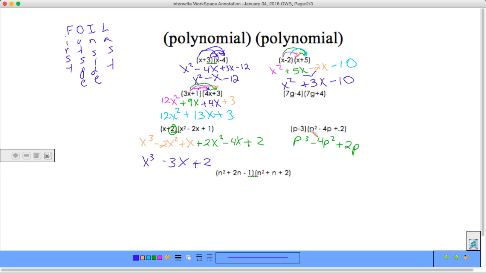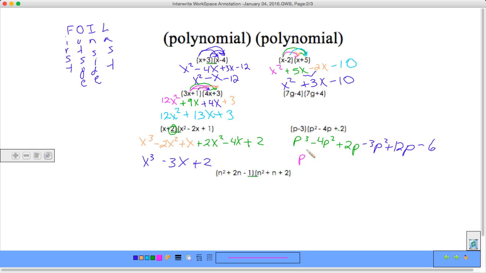So negative 3 times p squared is negative 3p squared. Negative 3 times negative 4p is positive 12p. And then negative 3 times positive 2 is negative 6. Okay, ready to combine like terms?